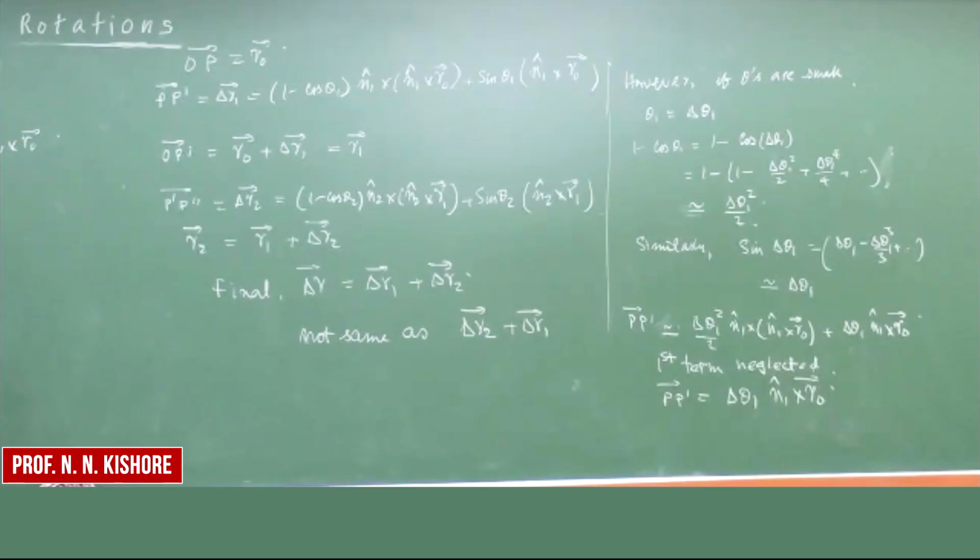So the same thing here. This will now be Δθ2 n2 times, this is R1. So this will become Δθ2 and n2 times R1.